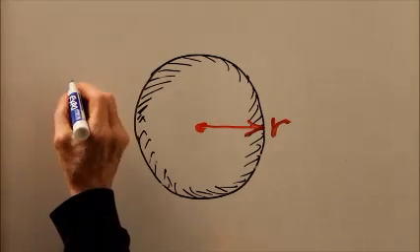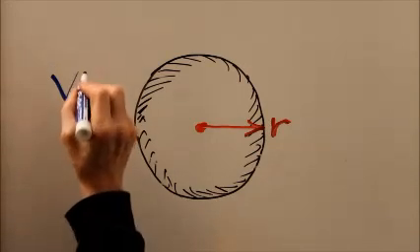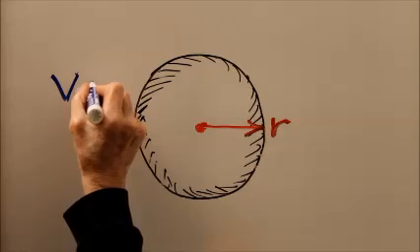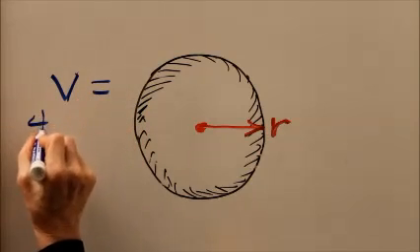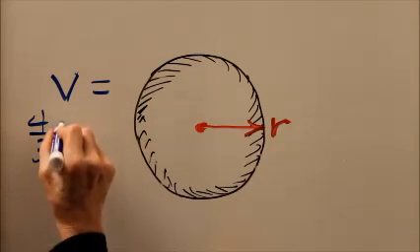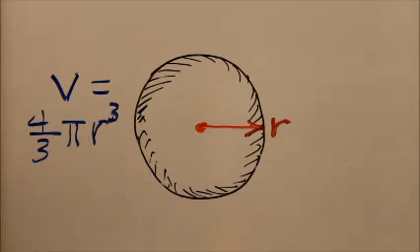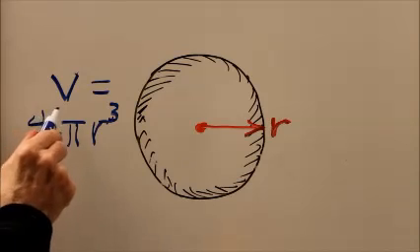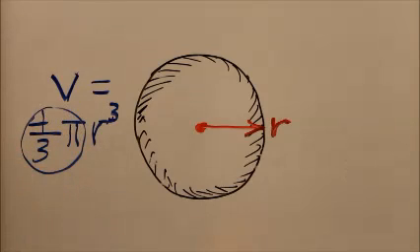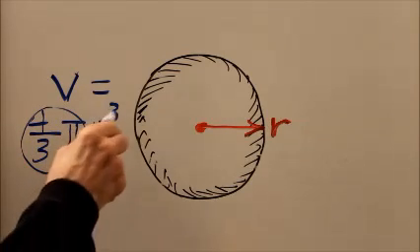Well, if you'll remember the formula for the volume of a sphere, it equals 4/3 pi times r cubed, where r is the radius. So this value here, 4/3 pi, is a constant because pi is a constant.